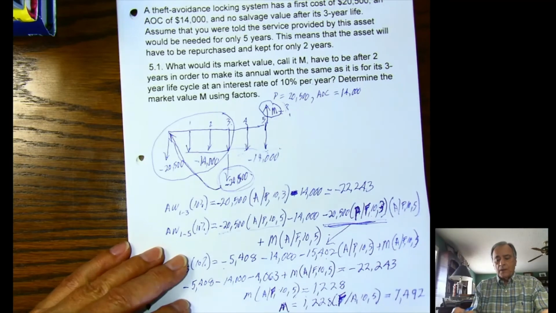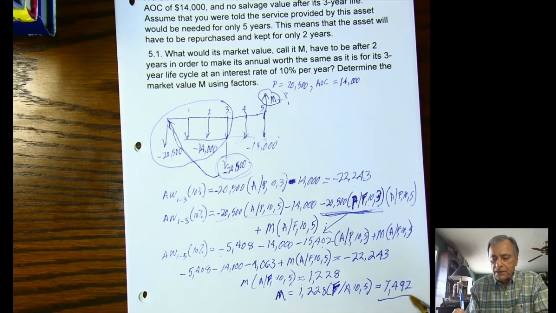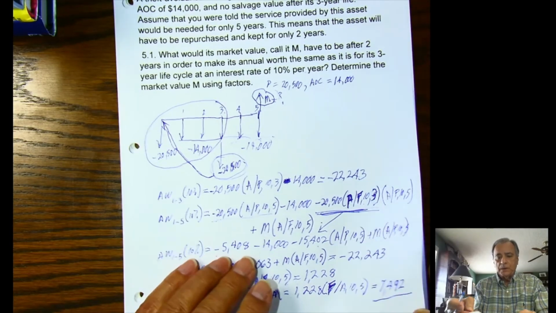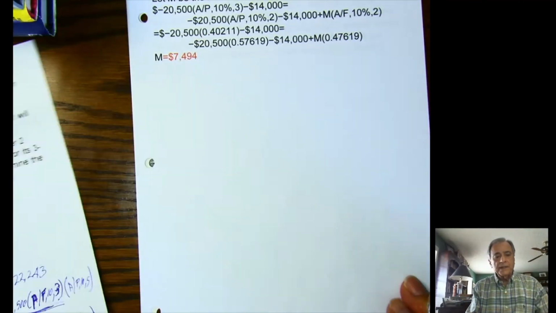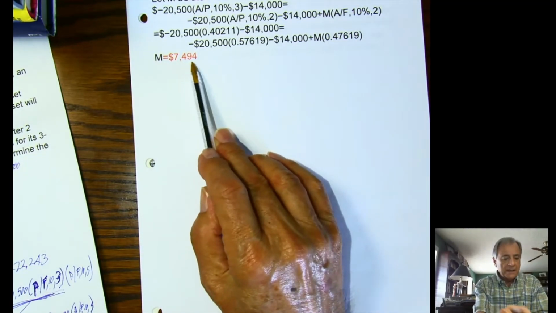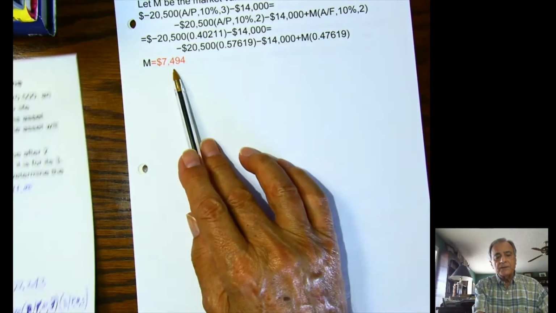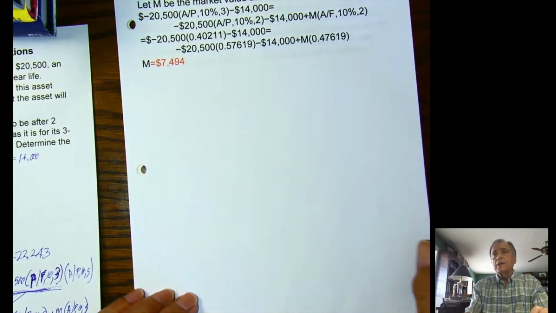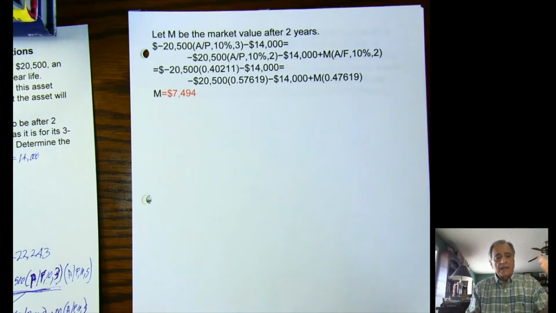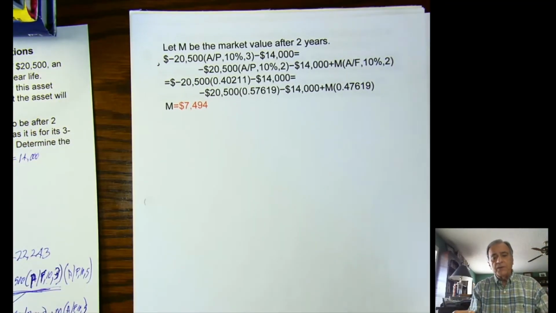So I got the number 7492. The answer key got 7494. And the reason for that is they're using the tables in the back of the book, and I'm using the app.